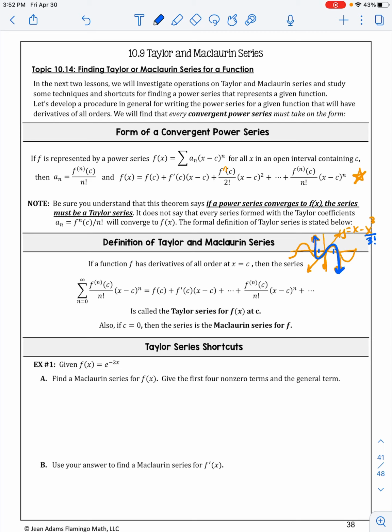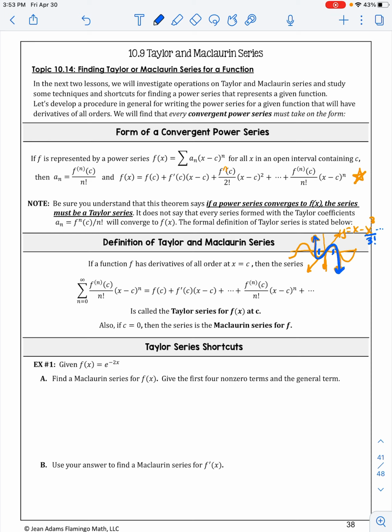But then when they used x minus x cubed, and it might have been, now that I'm thinking about it, over 3 factorial or something, it's going to be convergent for a wider interval. That means it's going to be exactly the same thing as f of x for a wider interval.